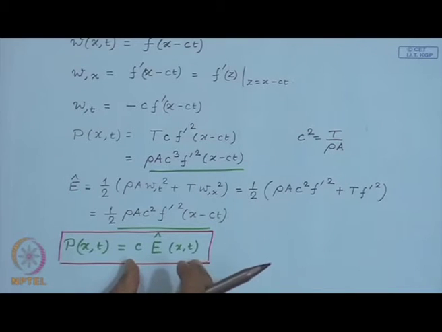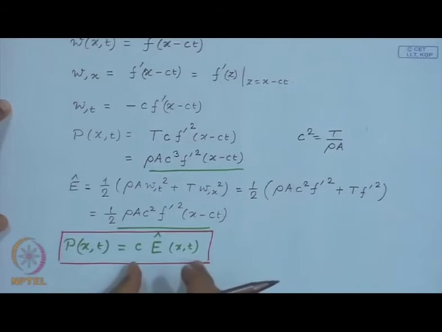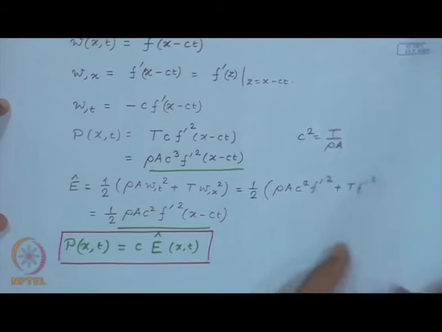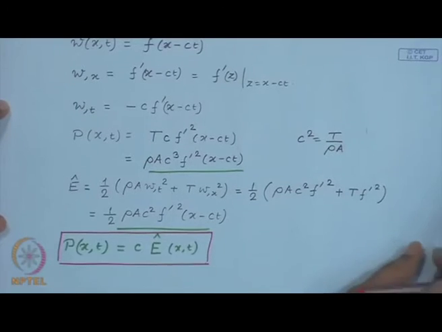Now, this is true for all non-dispersive media. So, in all non-dispersive media, the energy propagates or spreads at a rate c. This is the relation between the energy density and the power.